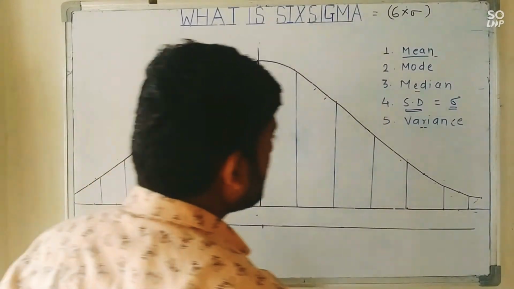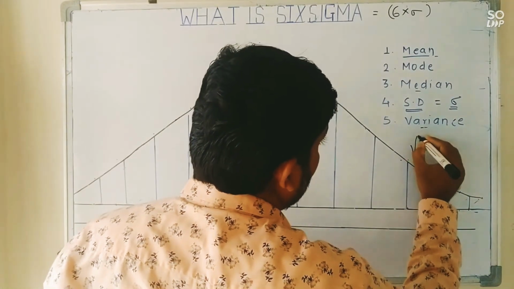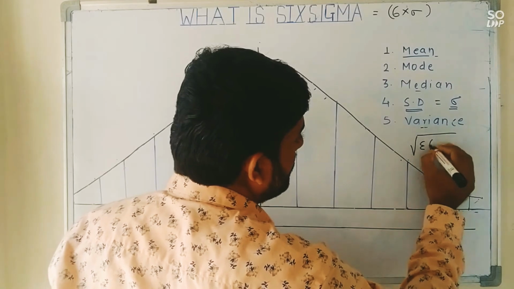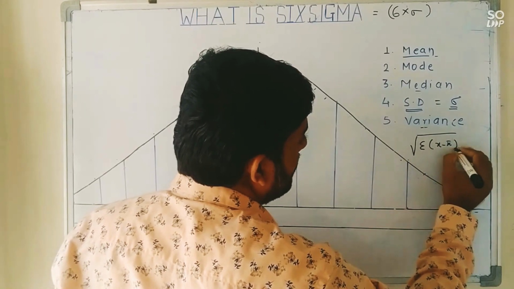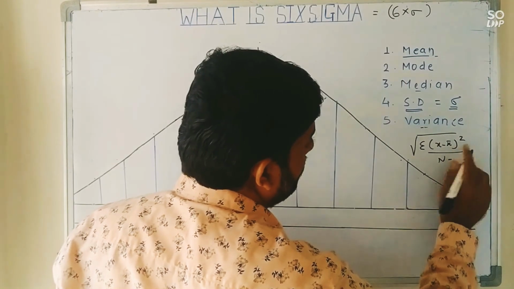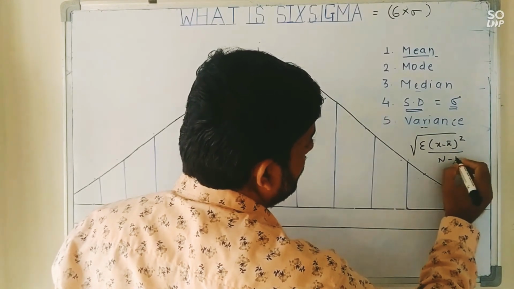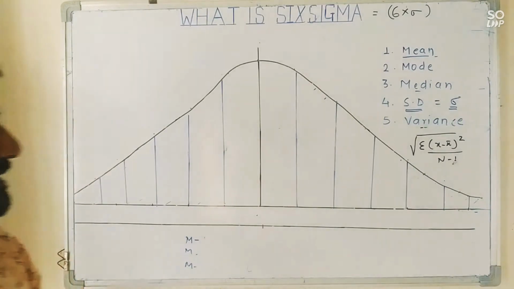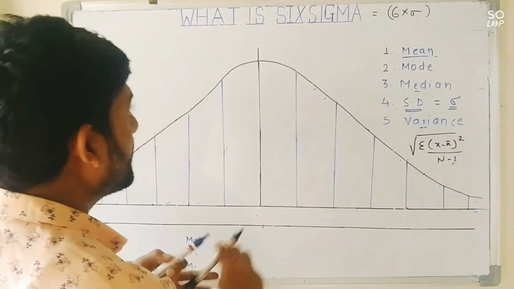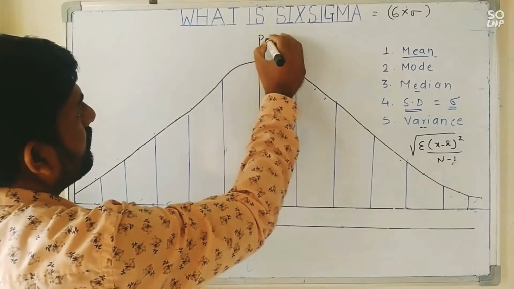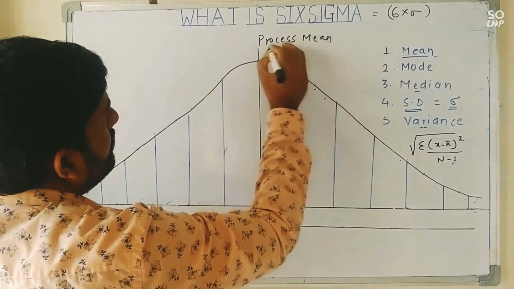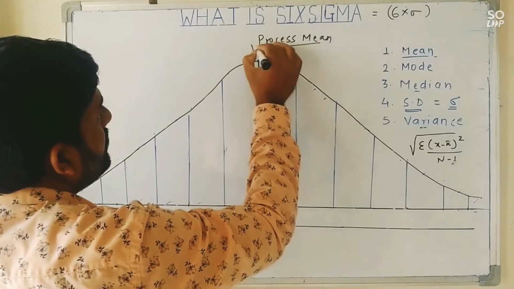Standard deviation we can find with the help of this formula: under root of summation of (x minus x bar) whole square divided by n minus 1. So standard deviation tells us the dispersion tendency with respect to the mean.